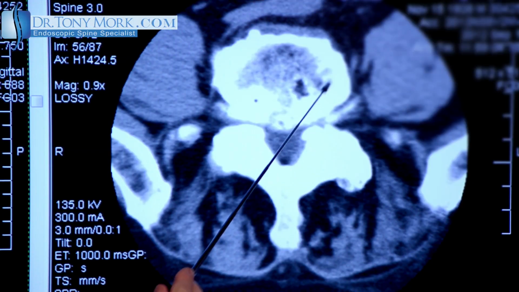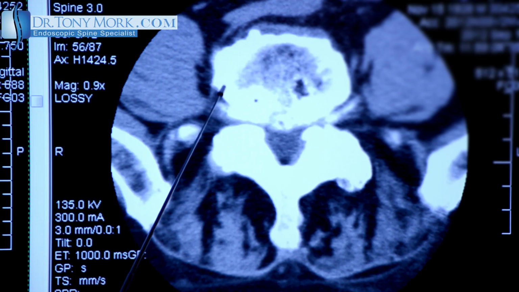Here we see the disc, which is calcified. You even see some fracturing of the annulus and the calcification of the disc with almost a big fragment coming out, and it's pushing into the foraminal canal. So this fragment is pushing into a place where the nerve should be. There's not even a joint left of the facet, so the facet joint is gone.